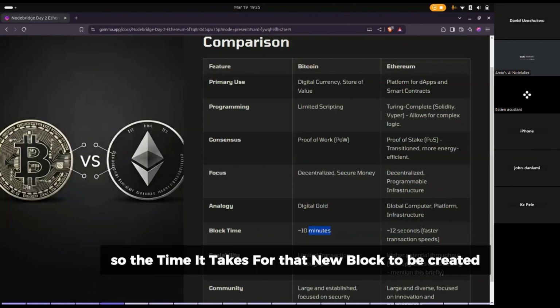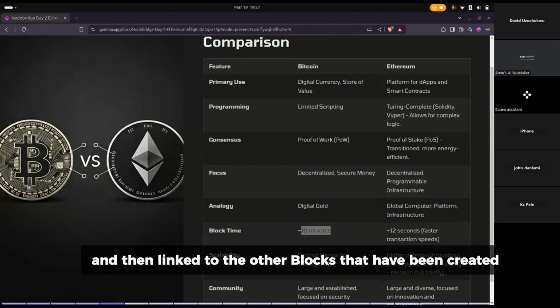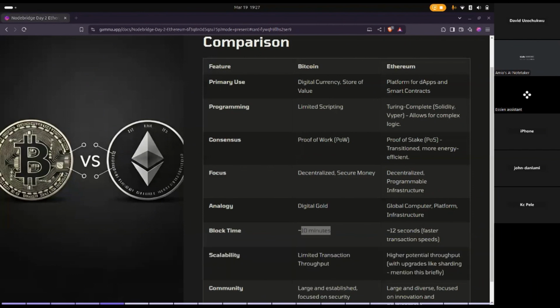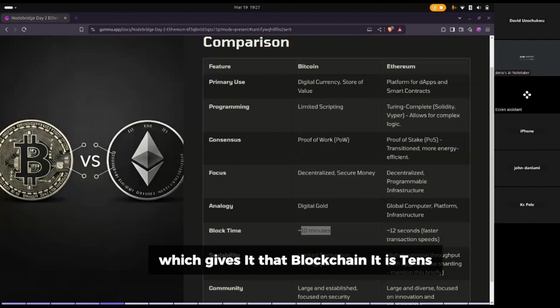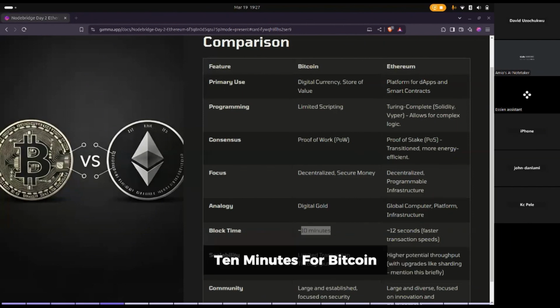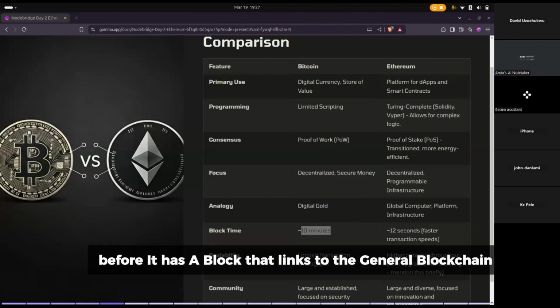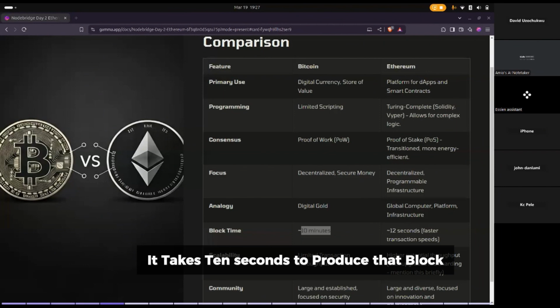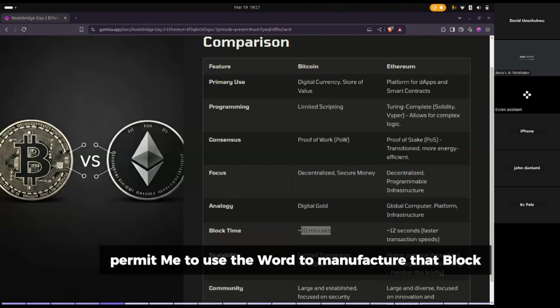So the time it takes for that new block to be created and linked to the other blocks that have been created, which gives it that blockchain, is 10 minutes for Bitcoin. Before Bitcoin has a block that links to the general blockchain, it takes that time to manufacture, permit me to use the word, that block and then attach it to the other blocks.